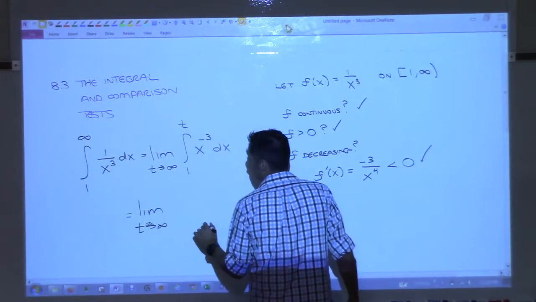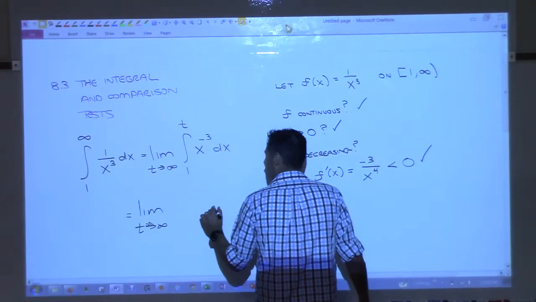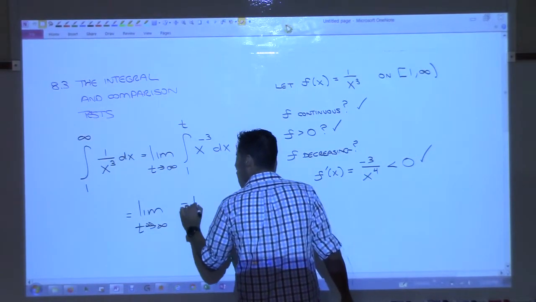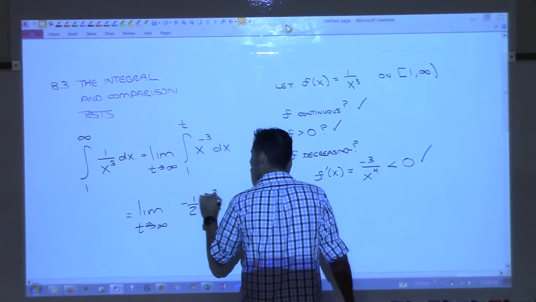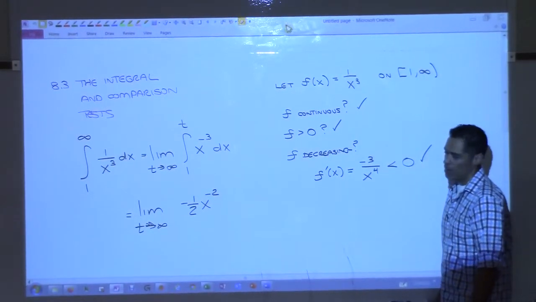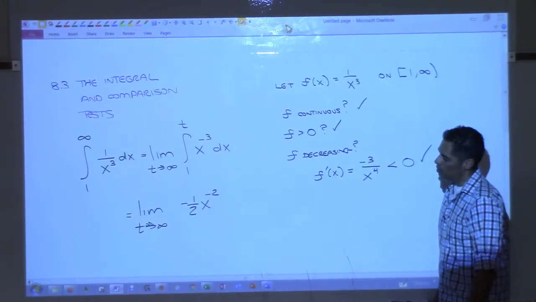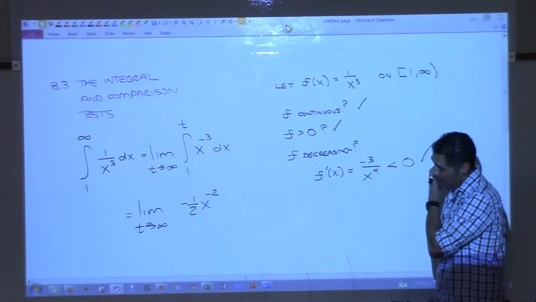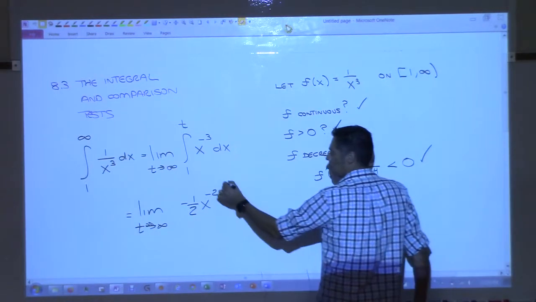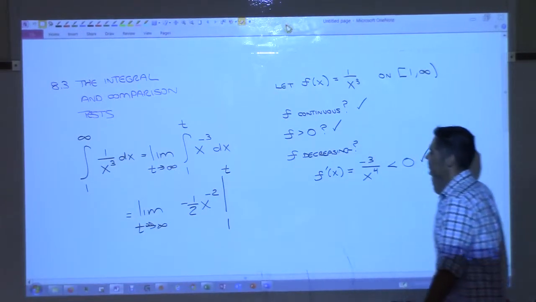What is it? Negative 1/2 x to the negative 2. Right? And we're going to be evaluating that from where to where? 1 to t, right?